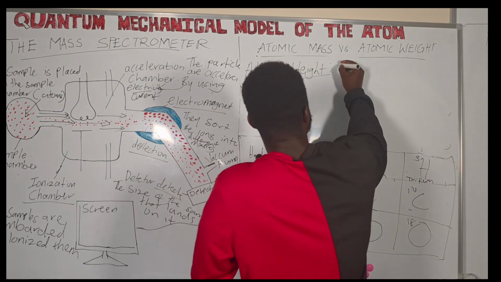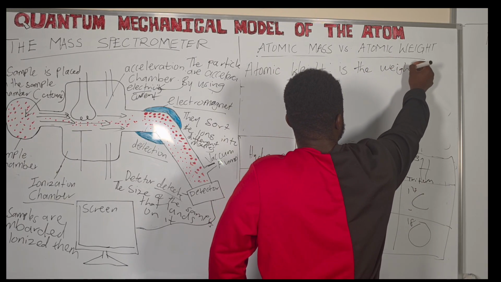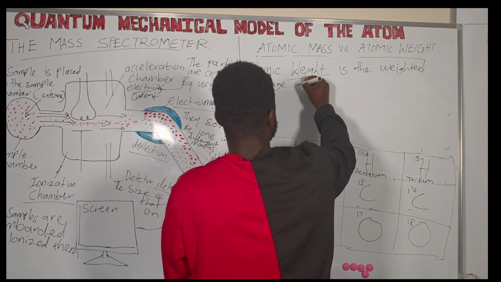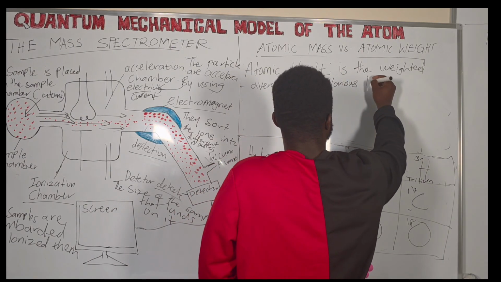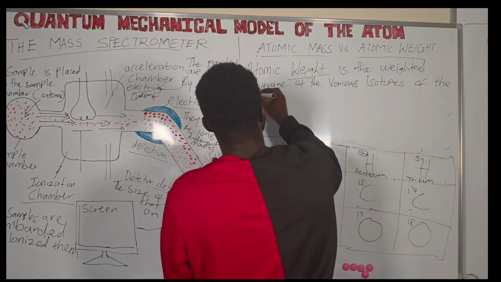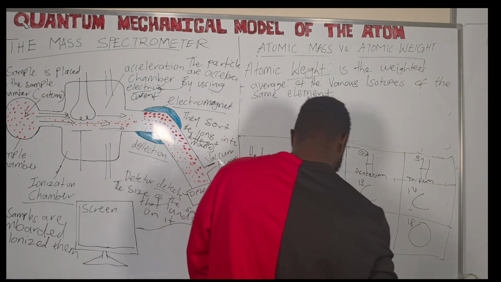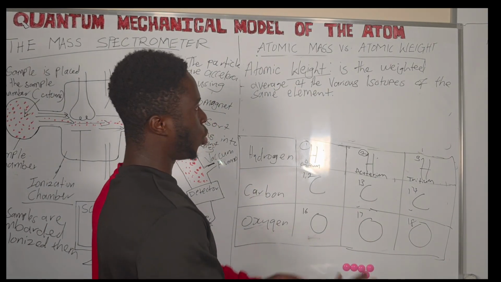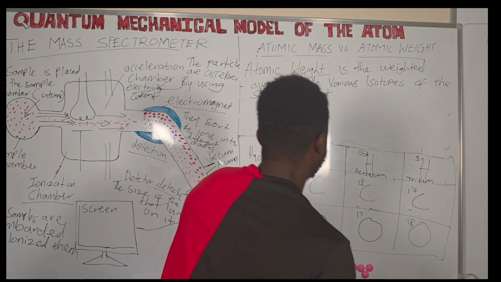So atomic weight is the weighted average of the various isotopes of the same element. That is the atomic weight right there. So when we weigh them, then we find the average weight. That is how we determine the atomic weight.